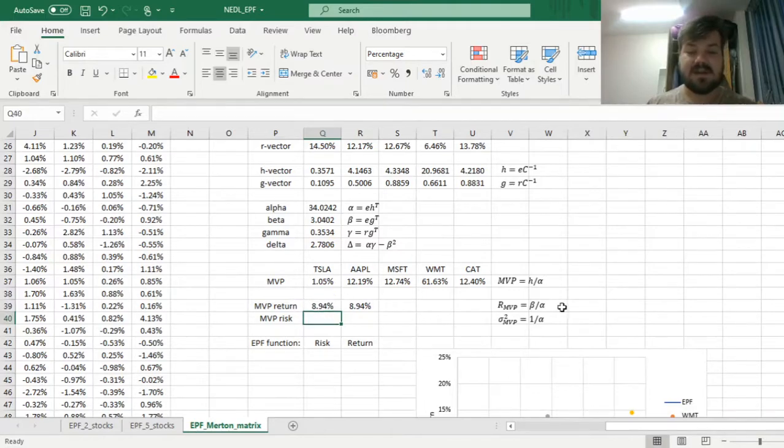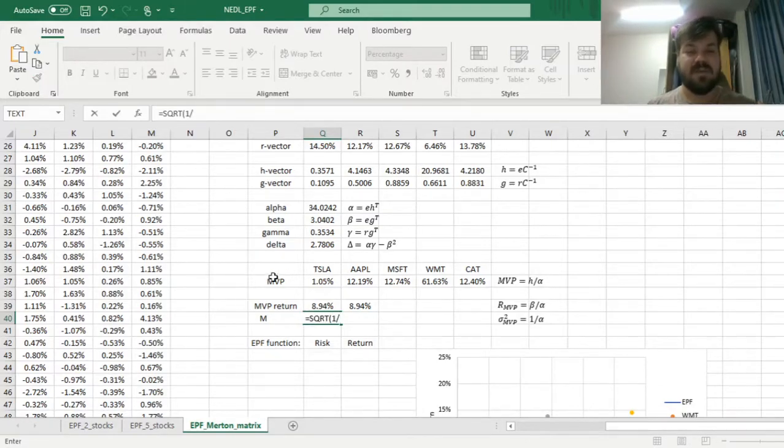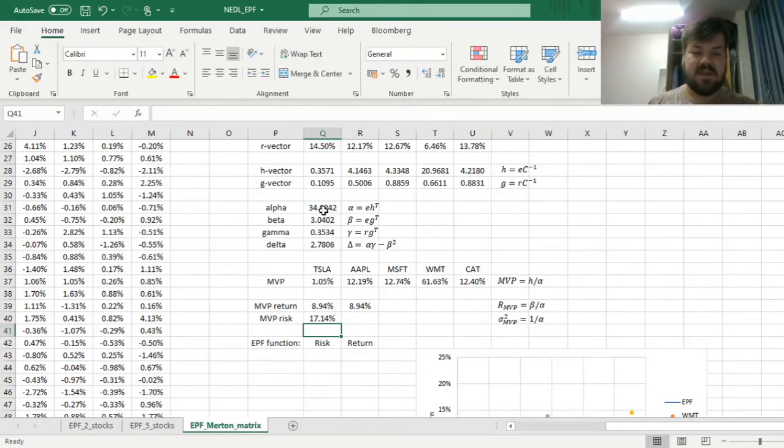Well, the risk, the sigma squared, the variance of such a minimum variance portfolio, is just 1 over alpha. So as its variance, to calculate the standard deviation, you just need to take the square root of 1 over alpha. And we can see here that the risk of the minimum variance portfolio is 17.14%.